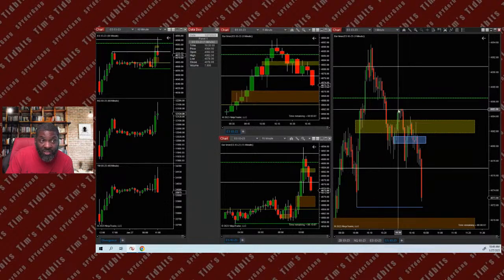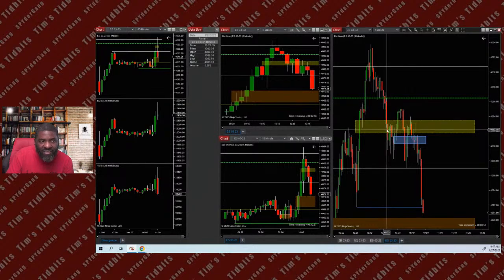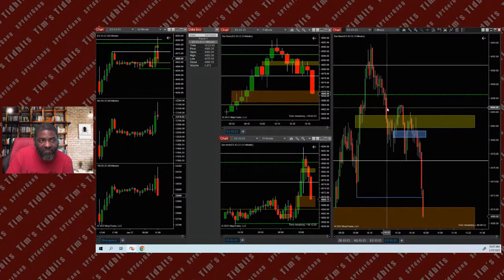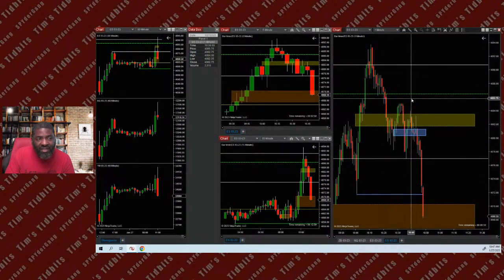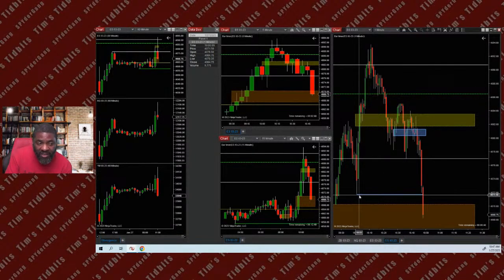The first thing I did when you said it, I came to this fair value gap to measure it out, and that's not the mean threshold, that's not consequent encroachment, but that's the high of this SIBI. If we break the high of that SIBI, that negated him wanting that 4071, the same thing we were looking at.